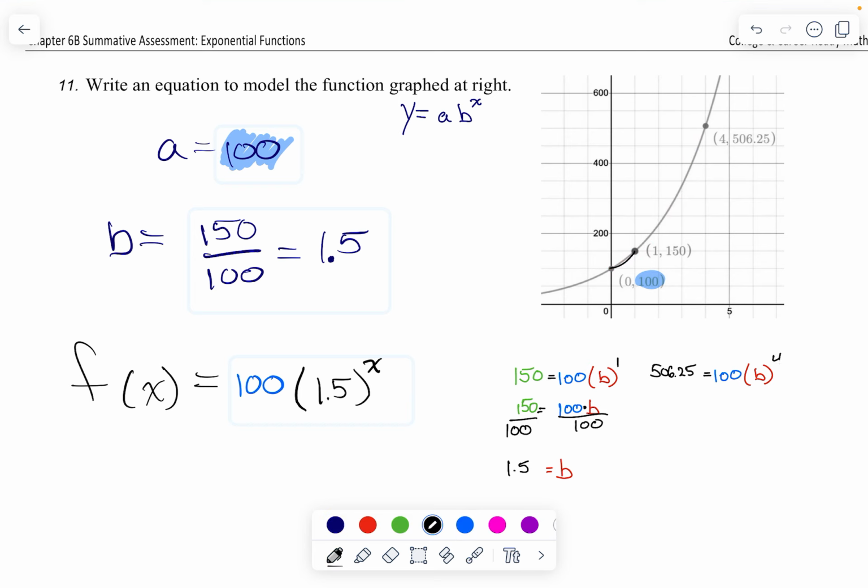Well, that'd be 4. So we'd have to divide by 100. Then we'd have b to the 4th equals something, and to undo that, we would have to take the 4th root to be able to solve that.